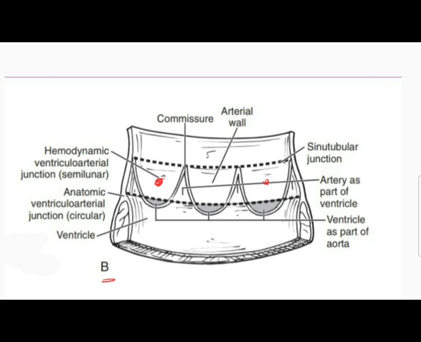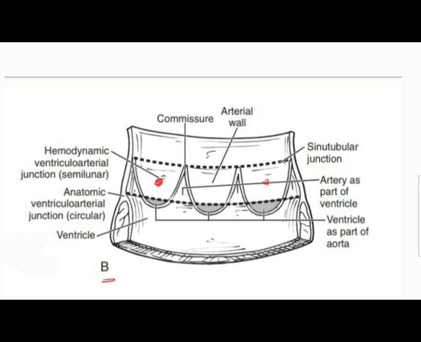and we have the anatomic ventricular-arterial junction, or circular junction, at part B. The anatomic junction is the straight circular line where the tissues physically change.